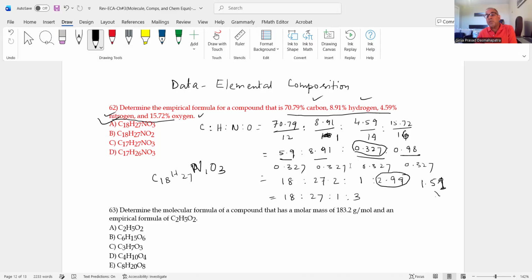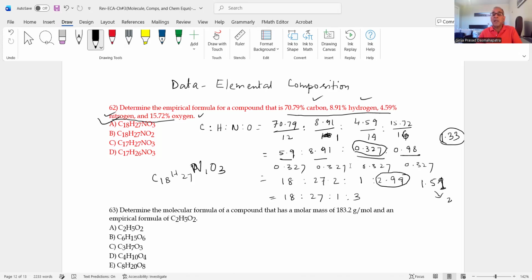Should you round up to 2 because it is more than 1.5? No. If the number is not close to a whole number, like 1.5 or 1.333, it tells you something. You should not round up unless the individual numbers are pretty close to a whole number, like 27.2 is pretty close to 27, 2.99 is close to 3, but 1.59 is somewhere in the middle. 1.33 is not exactly close to 1.